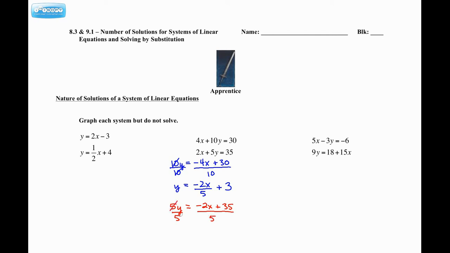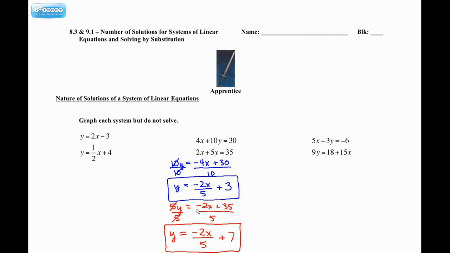And those cancel. So I get y equals, that's not reducible, so I just leave it. Positive 35 over 5, that reduces to positive 7. Okay, so that's that equation, which I can easily graph. And then I've got this equation.